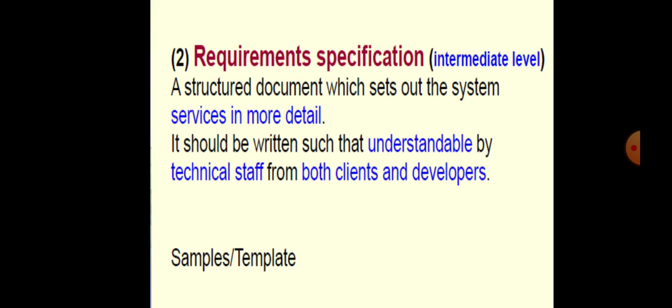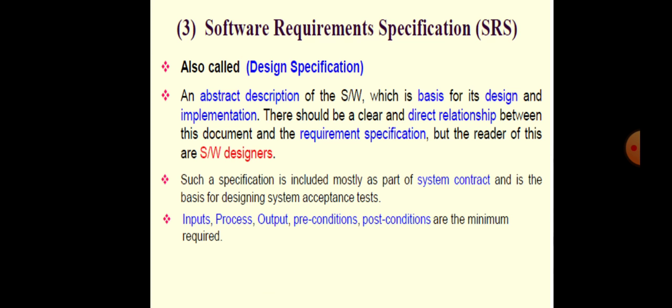Requirements specifications, intermediate level. A structured document which sets out the system services in more detail. It should be written such that it is understandable by technical staff, both clients and developers. Software Requirement Specifications (SRS), also called Design Specification, is an abstract description of the software which is the basis for its design and implementation.